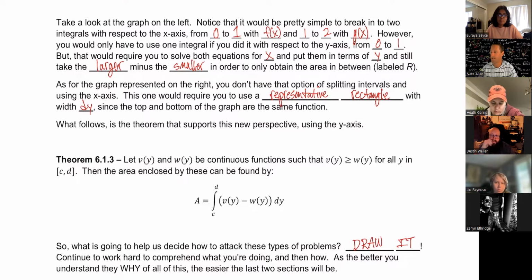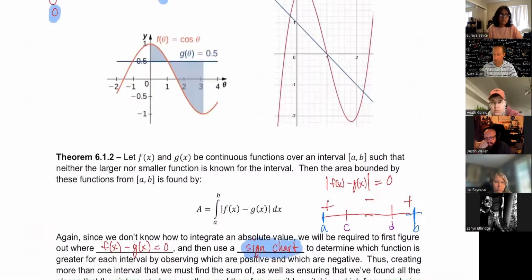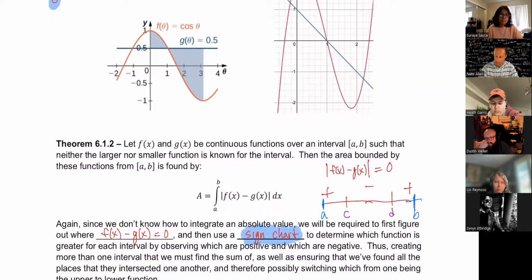But the nice thing is, are we required to graph? All these formulas to find the area between the two curves are set up to help us. And if you had to only have one thing in your notes for this entire day, it would be this one.